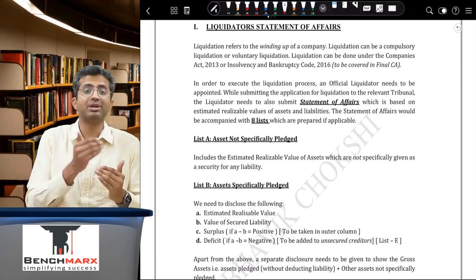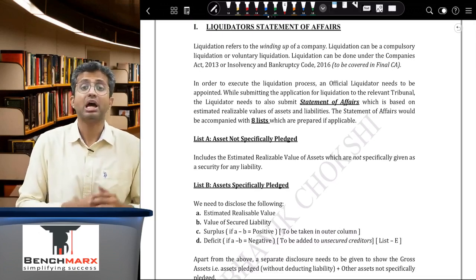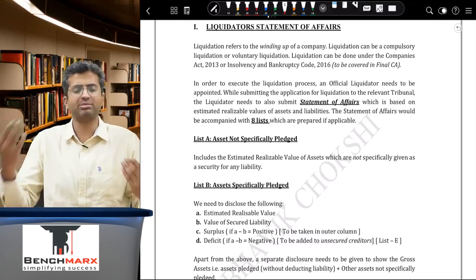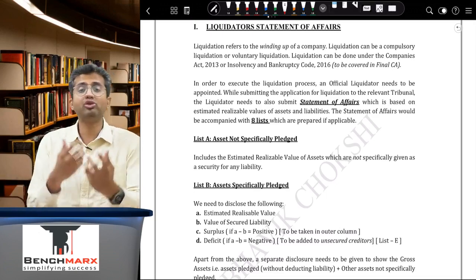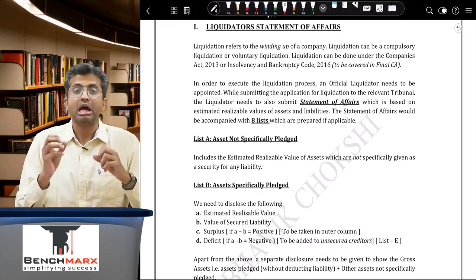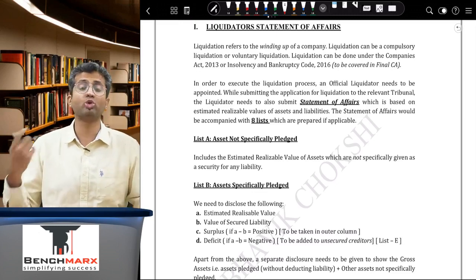Now, because this is prepared prior to the actual liquidation process, the numbers in this statement are projections, they are estimates of what we will get once we go ahead with the liquidation process. When we are liquidating, you are not going to run the business anymore. However, you are going to sell the assets.